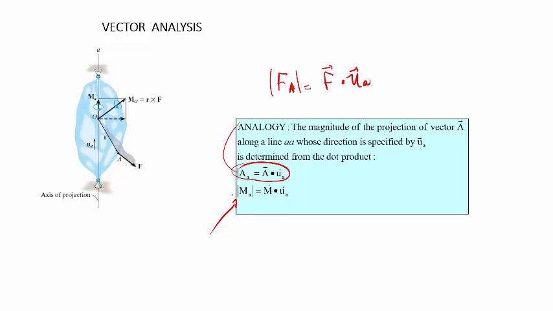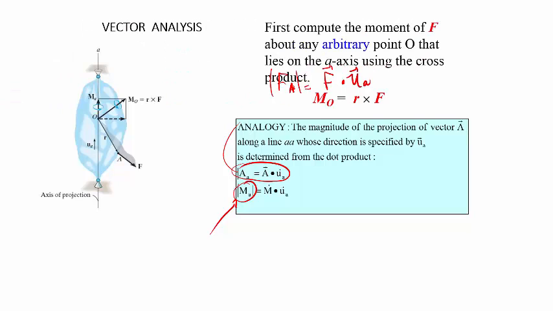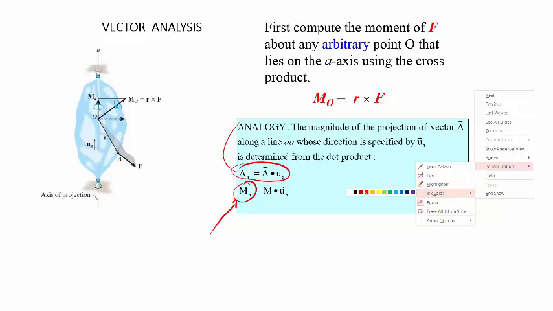Now we're going to use the same concept, and remember that what you get here is a magnitude. Okay? So the first thing you do is calculate the cross product, and then you apply the dot product for the projection.